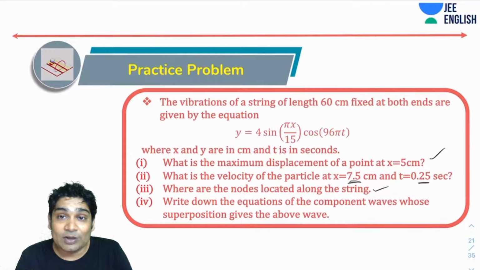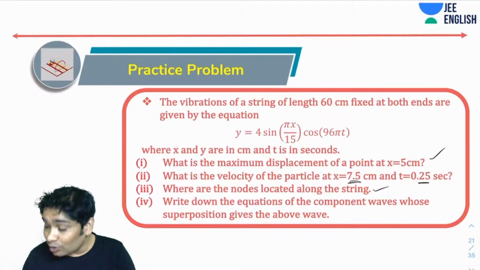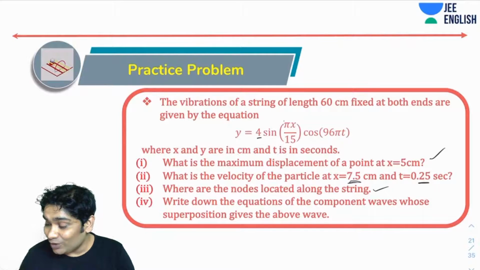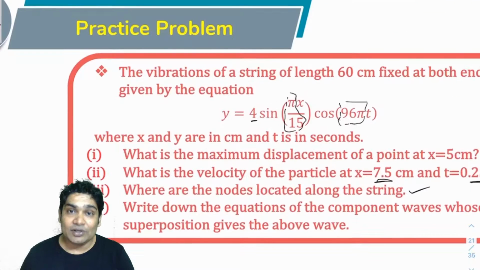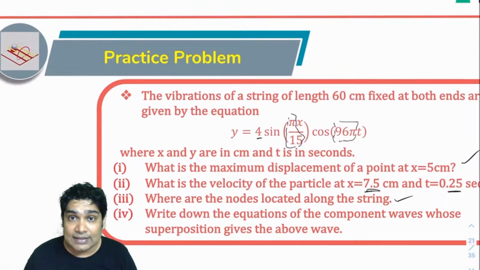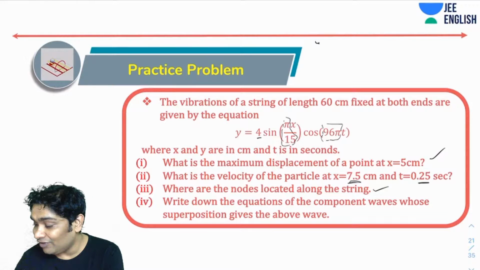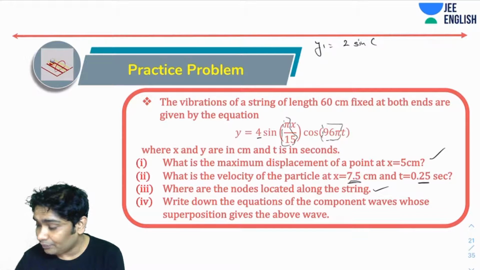Next part is writing down the equations of the component waves. So you know this is 2a, so the amplitude of each would be a. This you know is k. This you know is omega. So writing down the individual equations is very easy. And since these are equations where sine 0 is 0, y1 would be 2 sine of kx minus omega t. So k would become pi by 15.